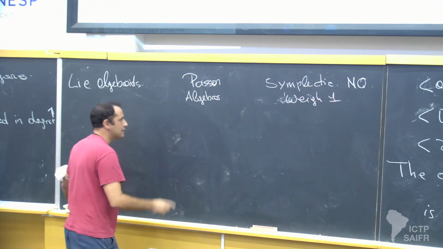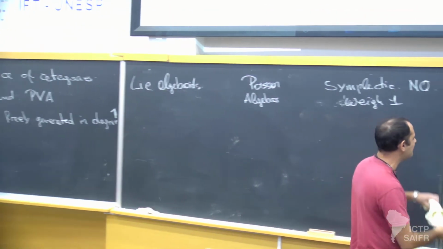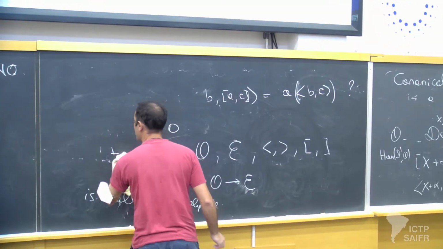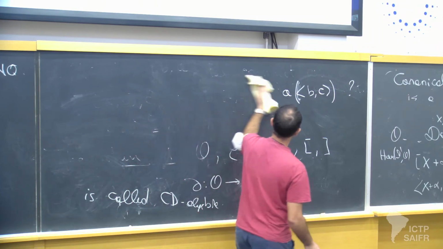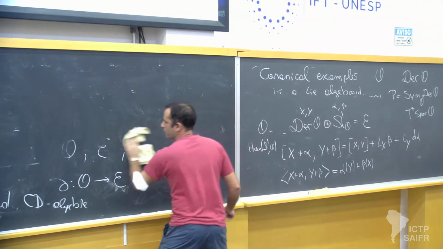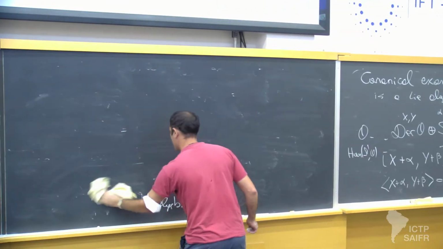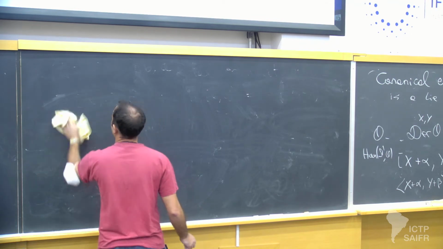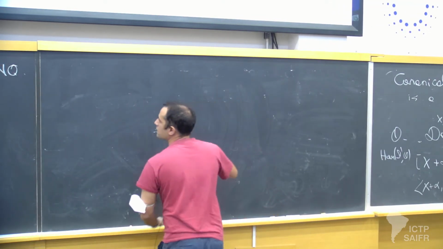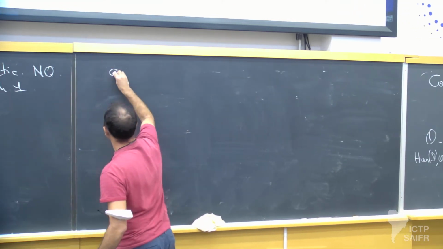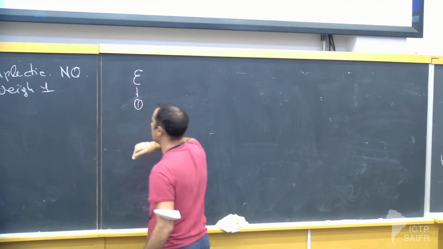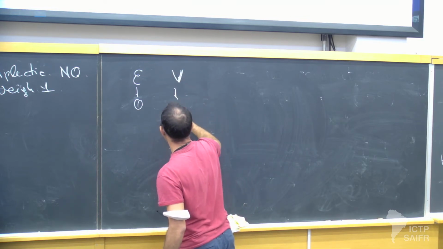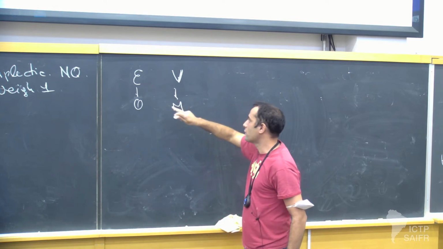In the case of the Lie algebroid, I took the symmetric algebra. Let's change names, since this is closer to differential geometry, and use the notation that those people use. The example: if I have a Lie algebroid E, which is a module over O, then I can think of it as a vector bundle over a manifold M, so E are the sections of that bundle.